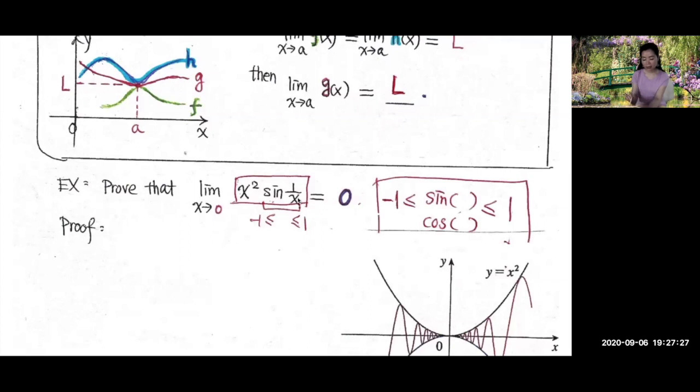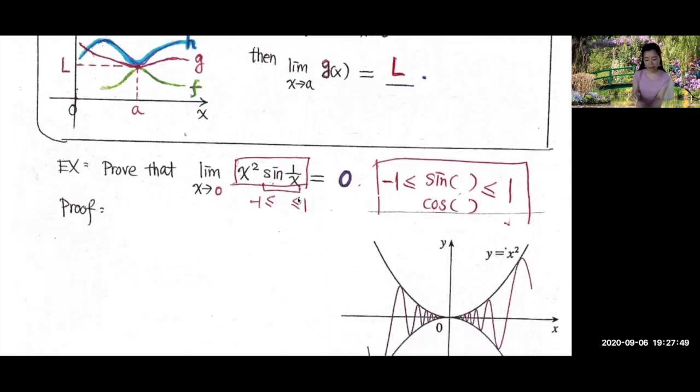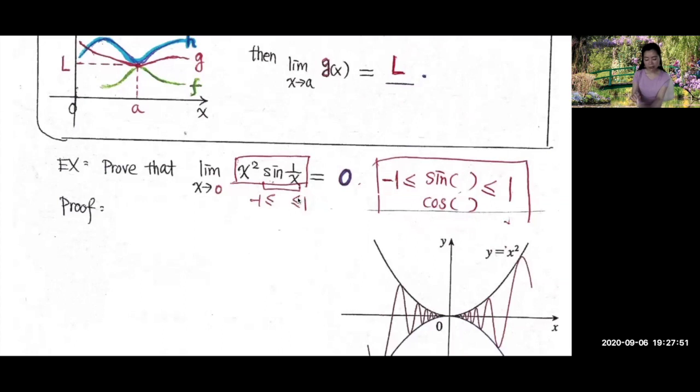Now, if you multiply this inequality by x squared, then we can find the functions above and below to squeeze this. So that's the idea: we try to find two functions to squeeze it, and that gives us an idea of what the two functions are.